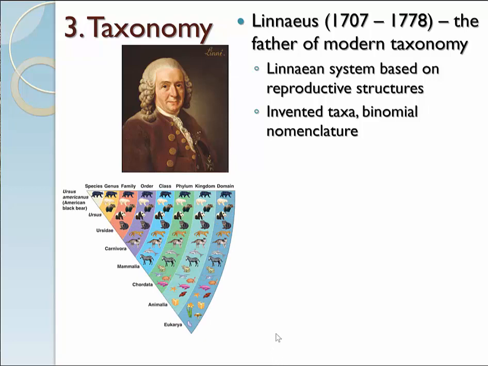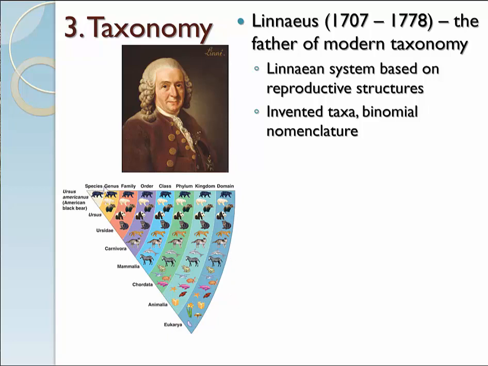And so here we have the various taxa, and most of these Linnaeus invented. And this is a sort of a family tree, if you will, of the American black bear, Ursus americanus. And what Darwin saw when he looked at these taxonomic trees, so to speak, was a relatedness from the least inclusive taxon to the most inclusive.